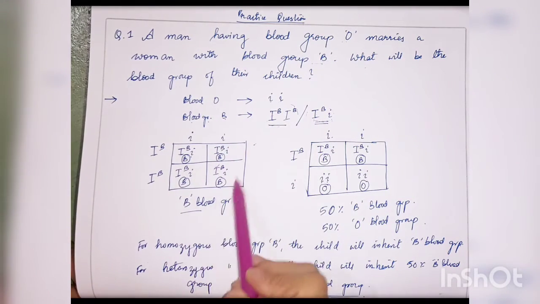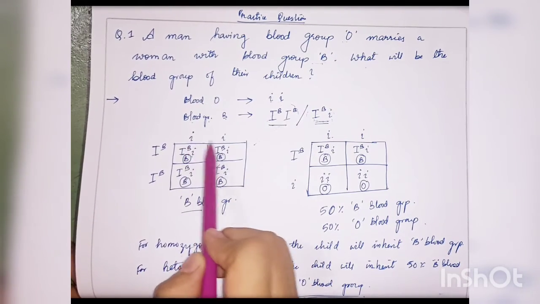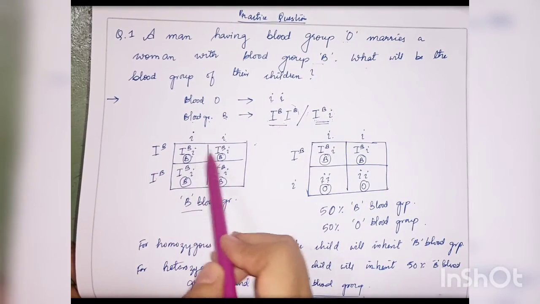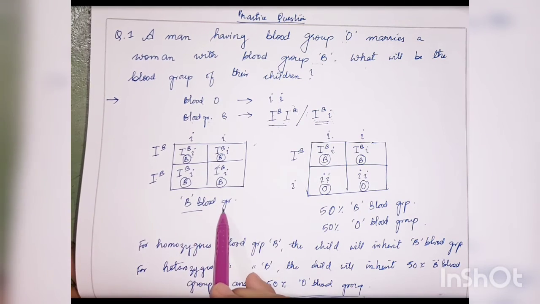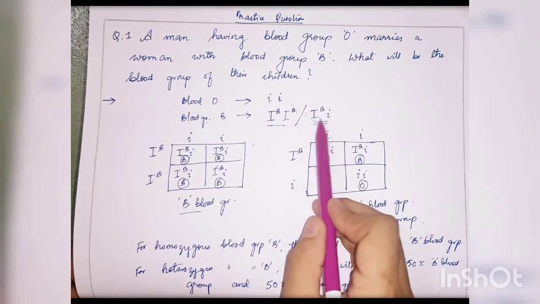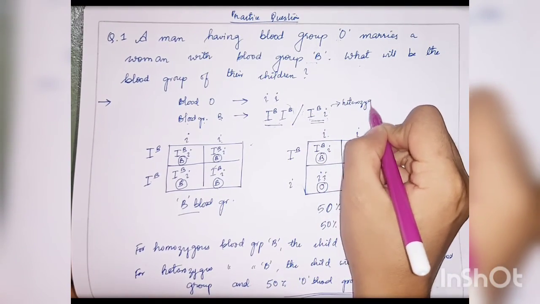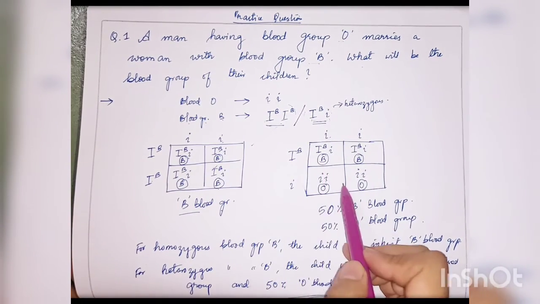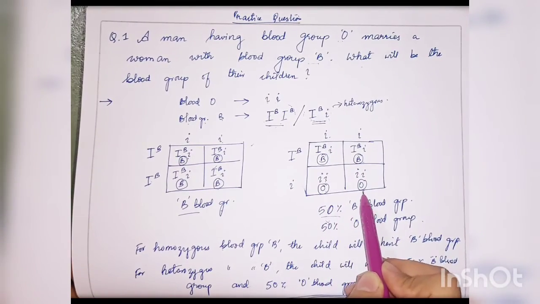For homozygous, the genotype for blood group O is ii, and from the homozygous IB IB, when you take the cross, all the children will have B blood group. But for heterozygous, when you see the cross, it will be 50% B blood group and 50% O blood group, 50-50, since it is 2-2.